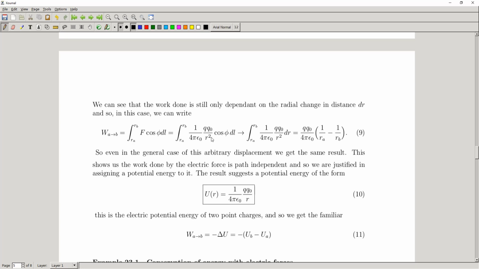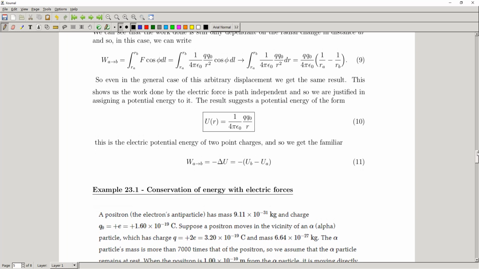And so we are justified in assigning a potential energy to this force, because it is path independent, right? So we can write U as we see here. I already have it boxed, but basically we can see that our potential energy can be written down. This is our electric potential energy, and this is going to be a very useful expression for us to do calculations with in a moment here.